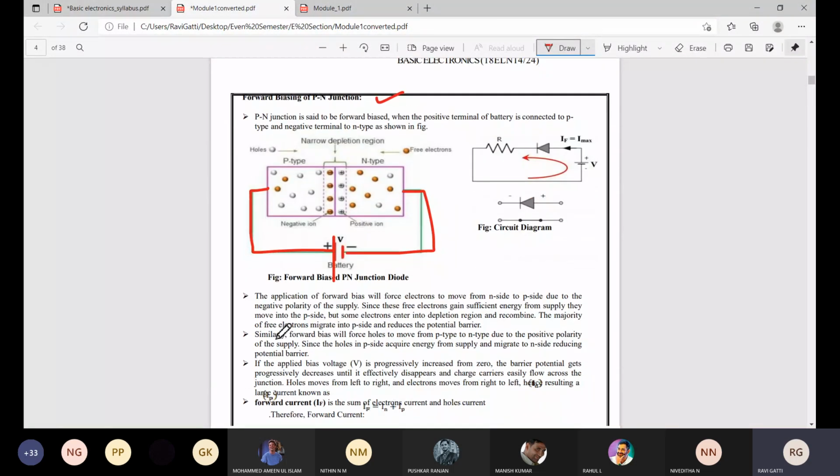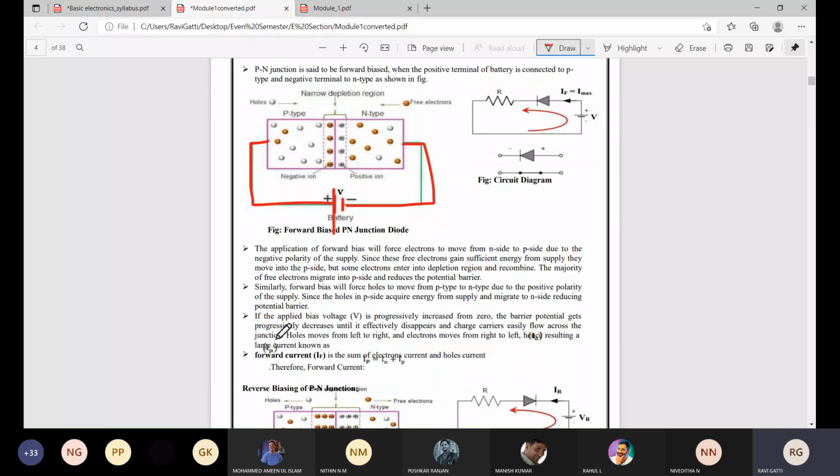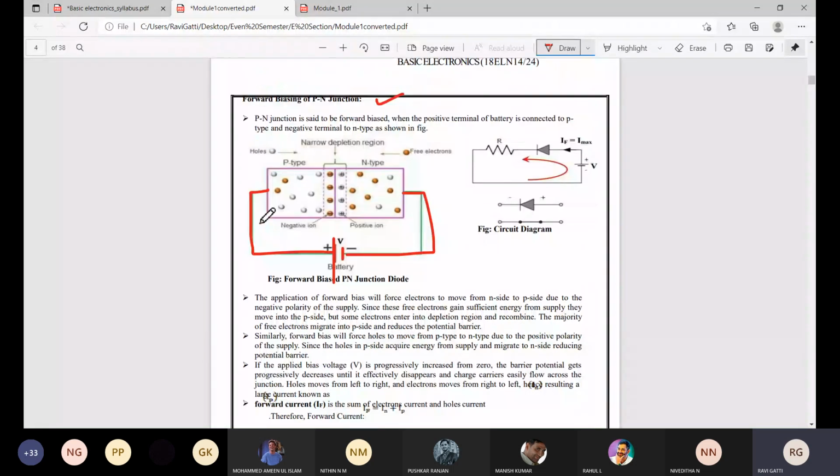Now we will see what happens. When you apply a positive voltage to this PN junction, you can see holes are there. Conventionally, when you apply a voltage, the flow of electricity goes from the positive end to the negative terminal.